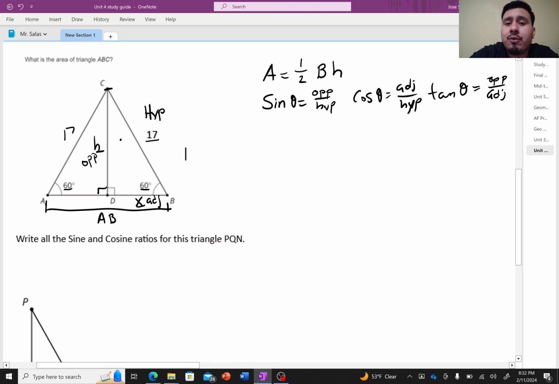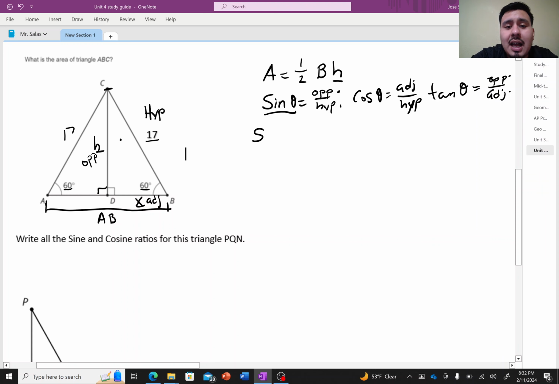Well, I can figure H out pretty quickly by using either sine, because it has the opposite over the hypotenuse, or tangent because it has the opposite over the adjacent. However, I don't think I can use tangent because the adjacent is a variable and the opposite is a variable. So tangent is out of the question. I'm gonna have to use sine.